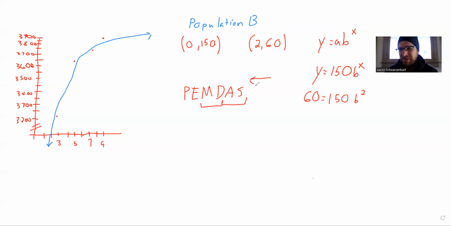When I take something apart, I go in the reverse order that I put it together. So I look at my equation, I don't see any addition or subtraction, but I do see some multiplication right here, 150 b squared. I also see an exponent. But since I'm working backwards, my multiplication must be undone before I deal with my exponent.